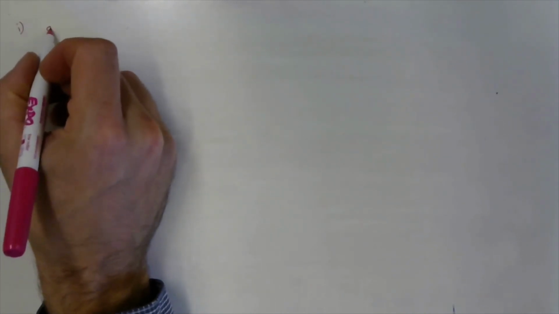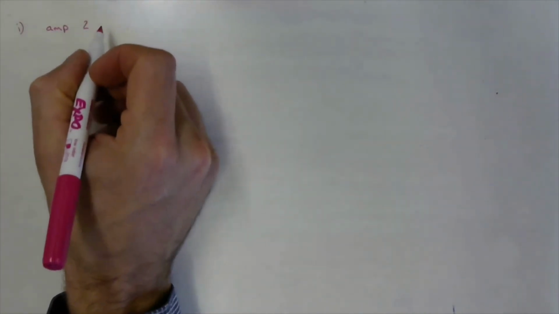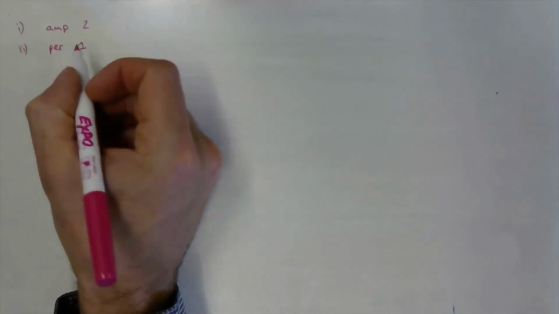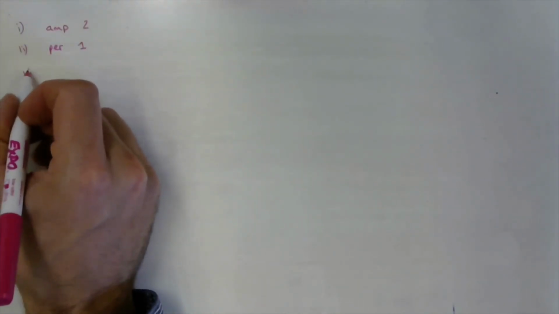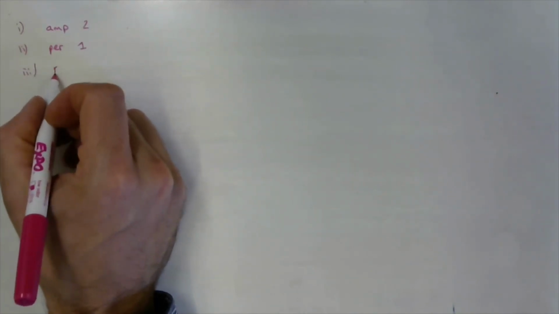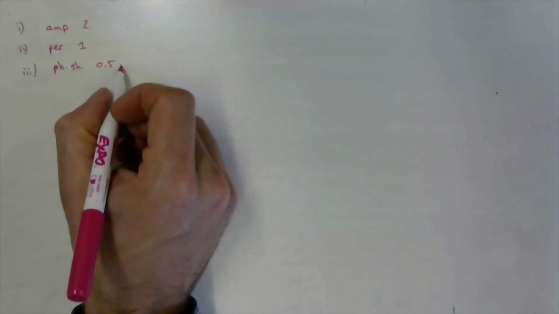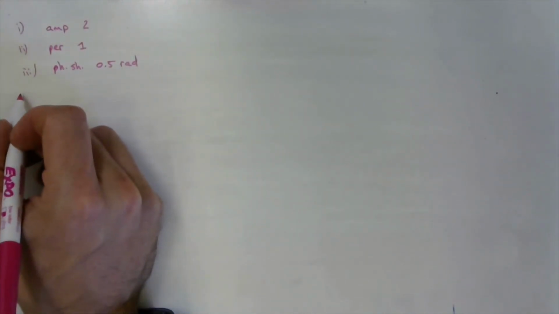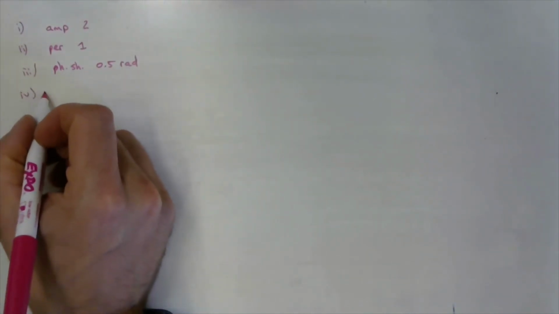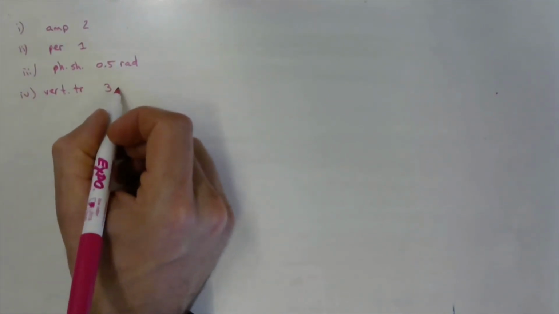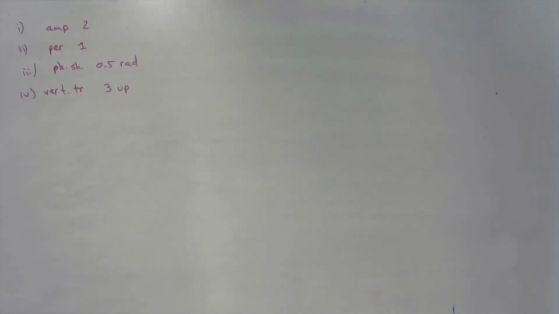You have an amplitude of 2, period of 1. You have a phase shift of 0.5 radians, and you have a vertical translation of 3 units up.